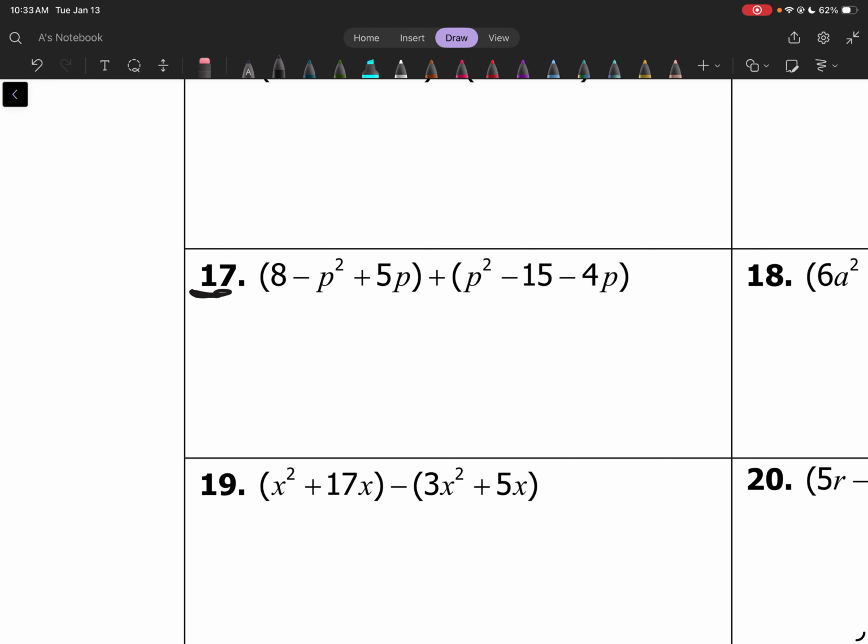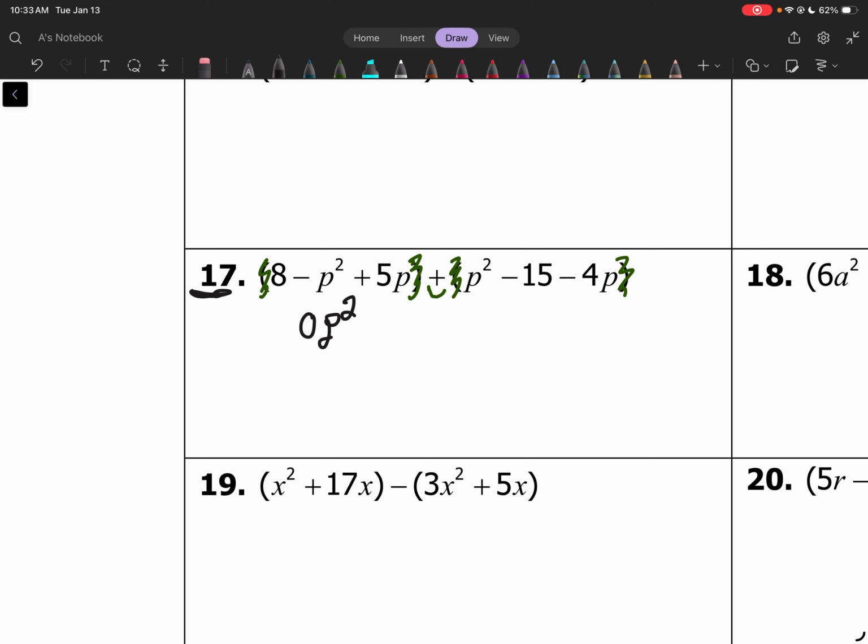Okay, I have 8 minus p squared plus 5p plus p squared minus 15 minus 4p. I have a plus, so I'm just taking off the parentheses. P squared minus p squared is 0p squared.